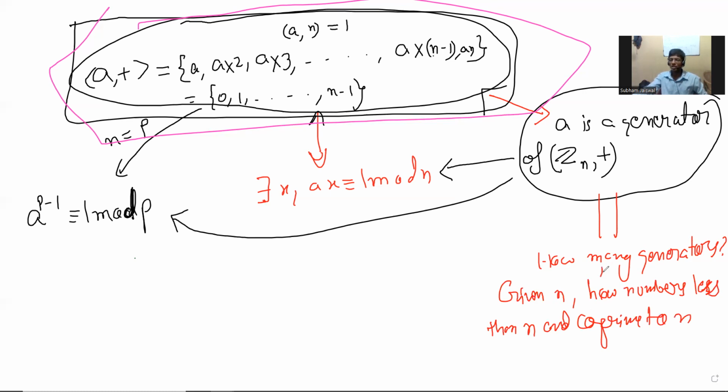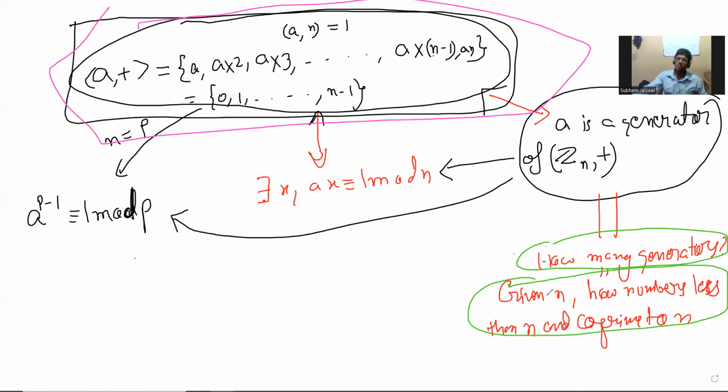This is the same question, just in the language of how many generators. It is also interesting on its own. Both are the same question: how many numbers less than n are co-prime to n? Have you guys ever thought about it?